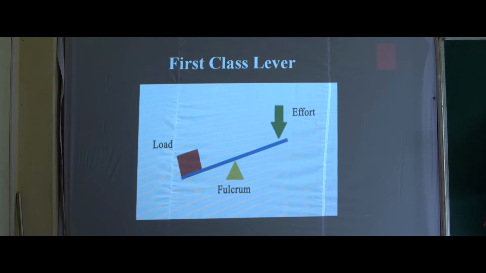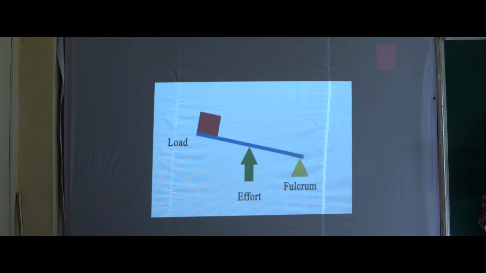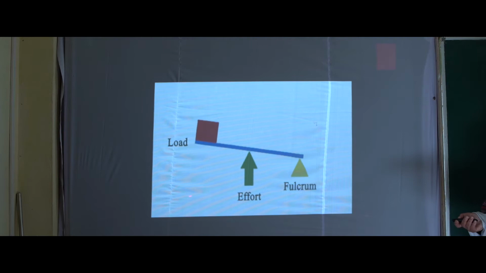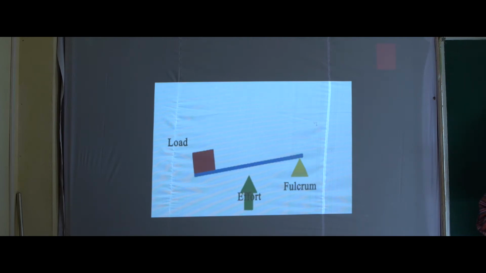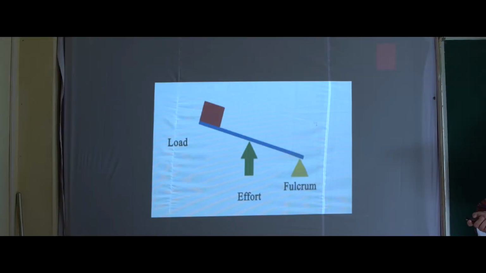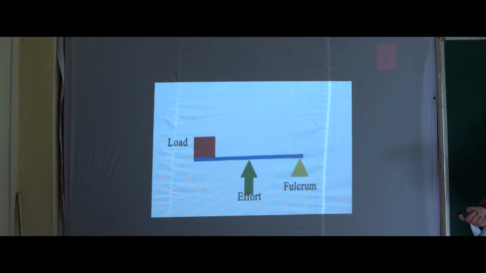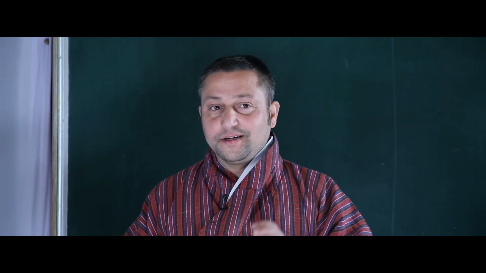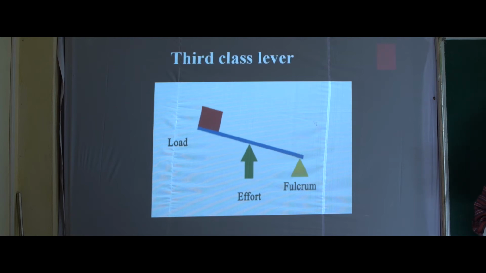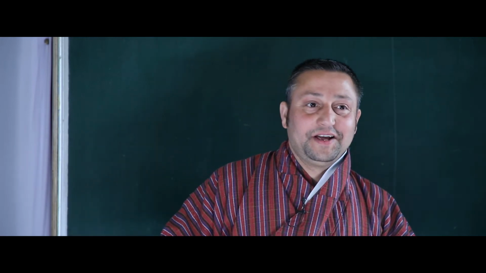Let's go on and explore further. Look at this picture. We are concerned with what is in the middle. Here in this case, effort is in the middle. And obviously, since effort is in the middle, it is, yes, you have guessed it correctly, third class lever. Congratulations for having participated and got the correct answers.